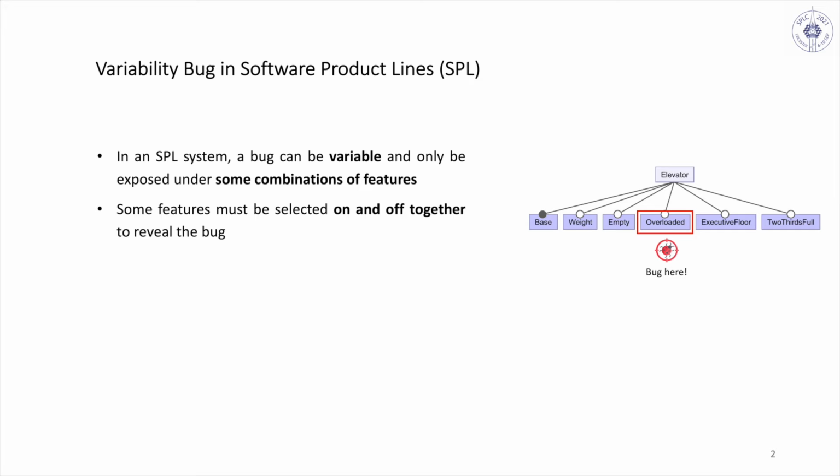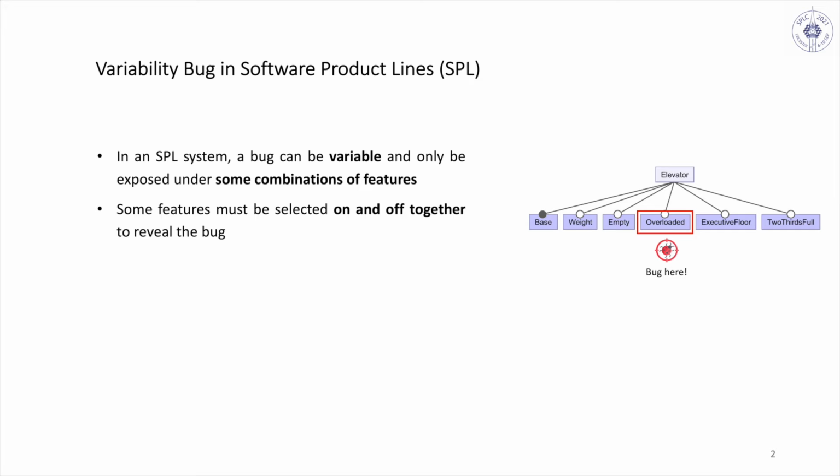However, because of the configurable option to enable or disable each feature, if a bug exists in a feature, it is revealed in only some of the composed products. For example, the bug in the elevator system lies in the overloaded feature, but when it is disabled, you will have a product that's completely bug-free.